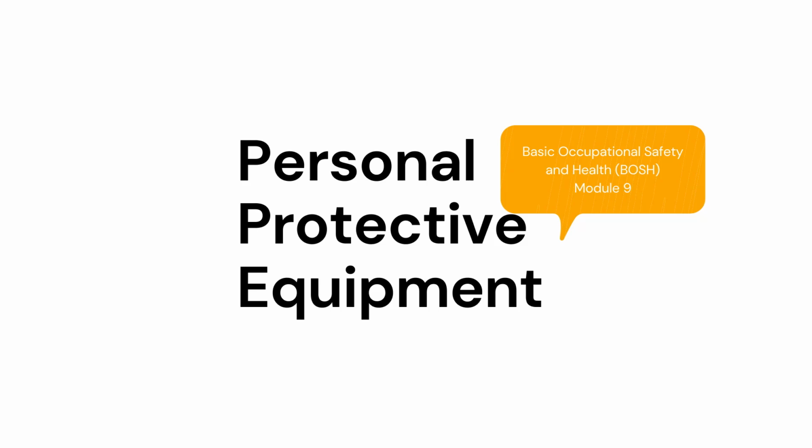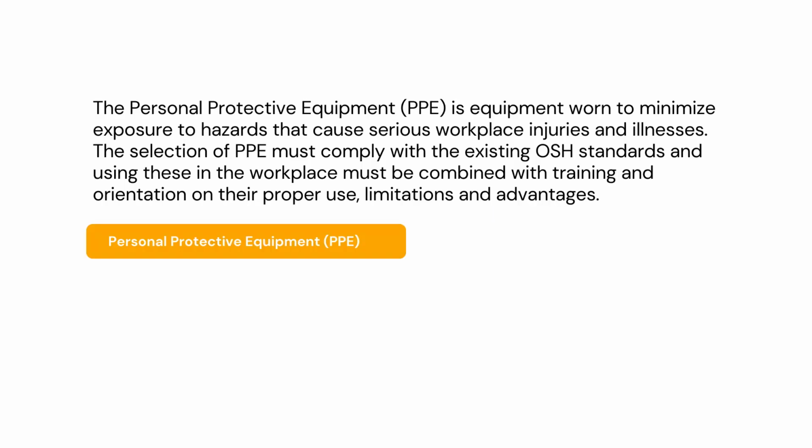So let's start with Module 9, which is the Personal Protective Equipment. So let's start with what is personal protective equipment. Personal protective equipment is an equipment worn to minimize exposure to hazards that cause serious workplace injuries and illnesses.